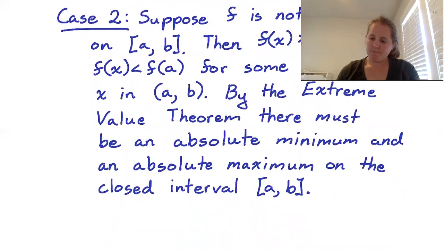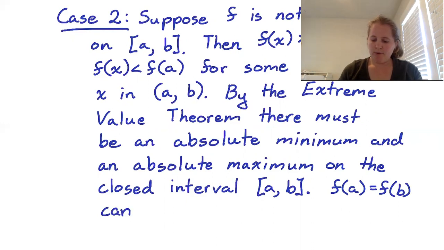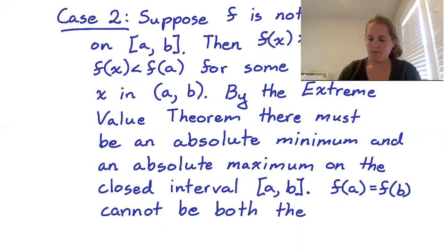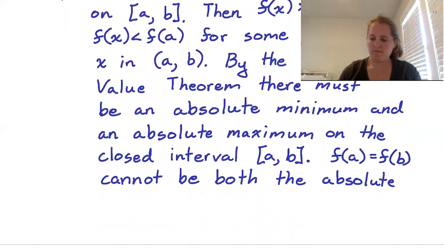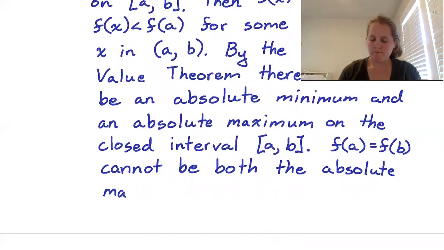So basically we know f of a equals f of b cannot be both the absolute maximum and the absolute minimum.